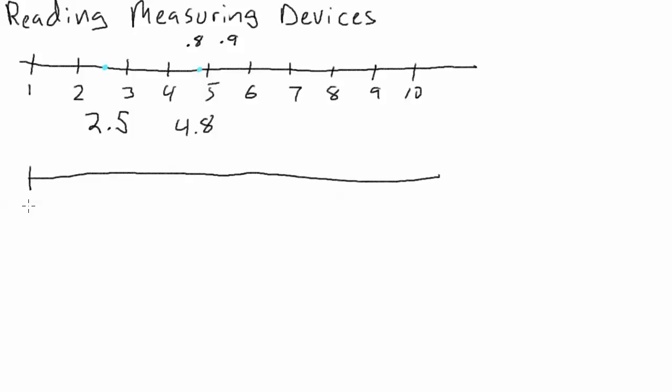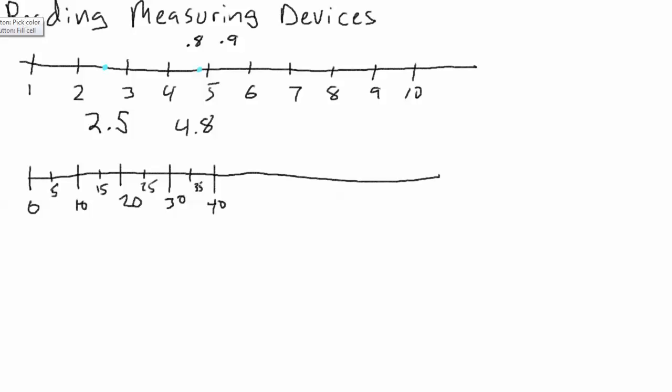It starts at, say, 0, and then maybe it goes 5, and then 10, and 15, and then 20, 30, etc. So now you look at this and you see that unlike the first number line, where the space between the big lines is 1, the space between the big lines here is 10. And that means that halfway between that space, if that space is 10, would be 5.